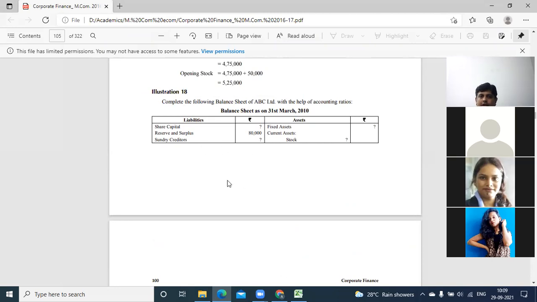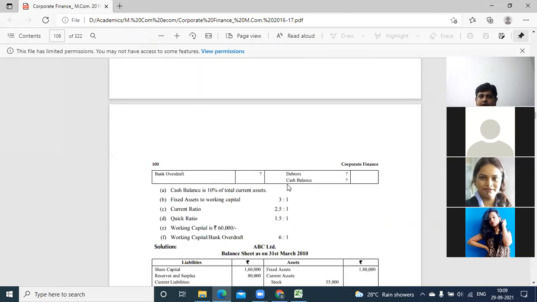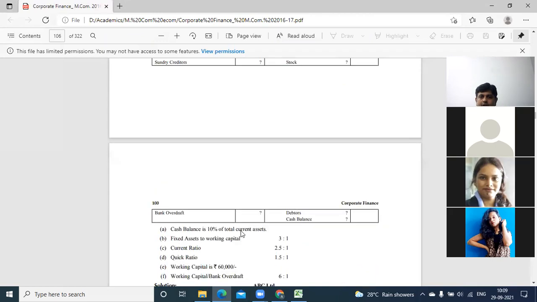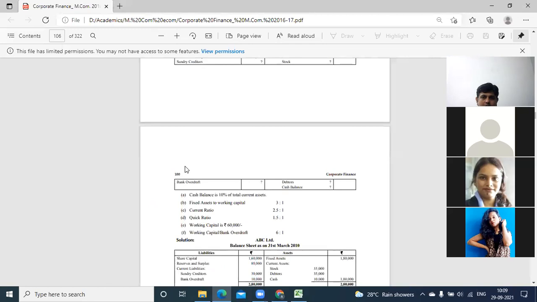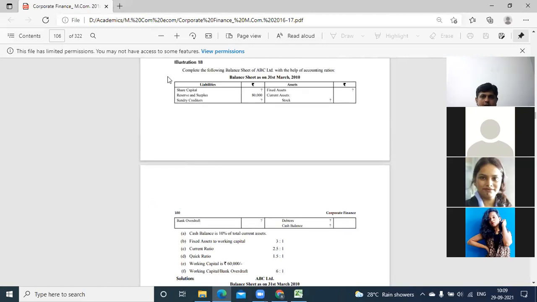Share capital, reserves and surplus, stock, everything is missing and these are the details. Today also I would like to give you 5 minutes. Try to finish. If you could not, then I will continue. We are dealing with this question.